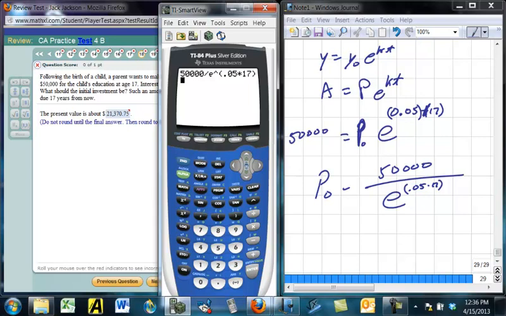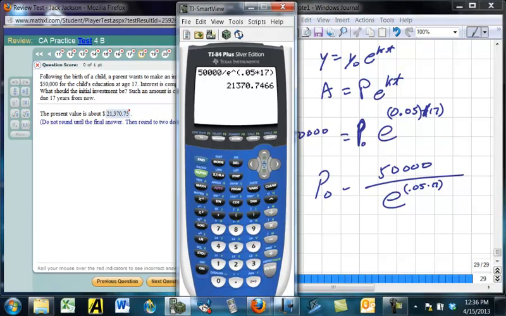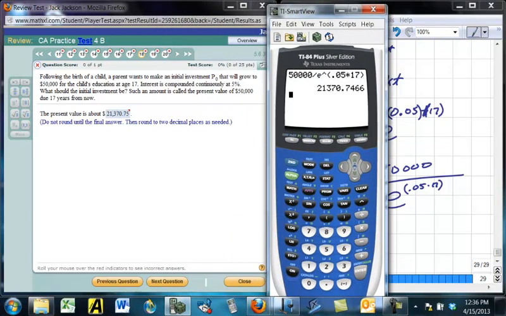And this will be what we need to put in the bank to begin with. Right there, $21,370.75. Not bad. If we can put that in and we're guaranteed that rate for the entire 17 years, like a 17-year CD or something, compounded continuously, then that's how much we need to start with, and we'll end up with $50,000 17 years later.